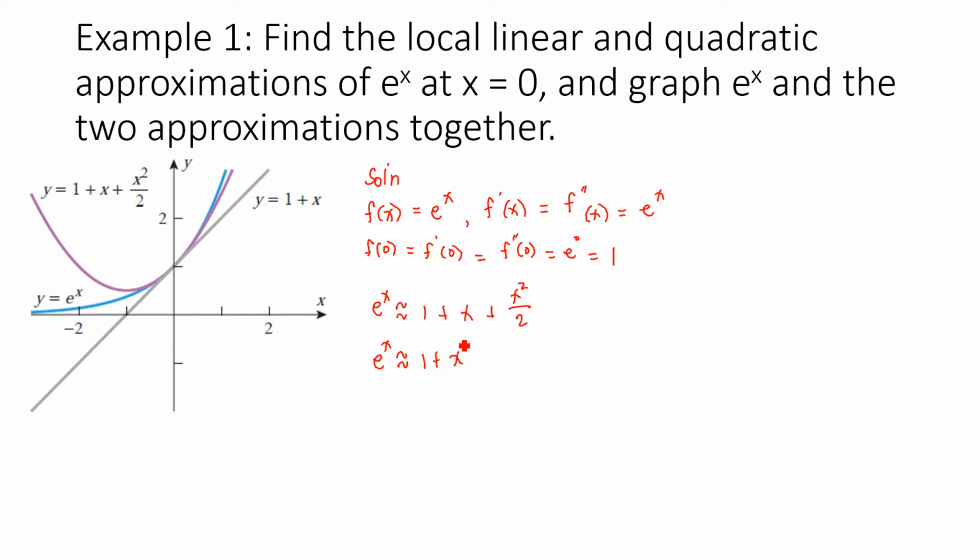The graph of e raised to x and the two approximations can be depicted in the graph at the left. As expected, the local quadratic approximation is more accurate than the local linear approximation near x equals 0.